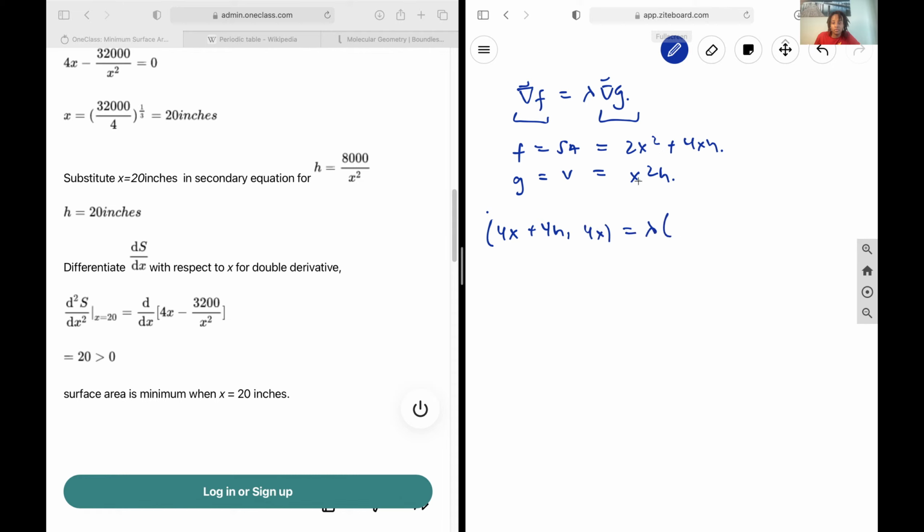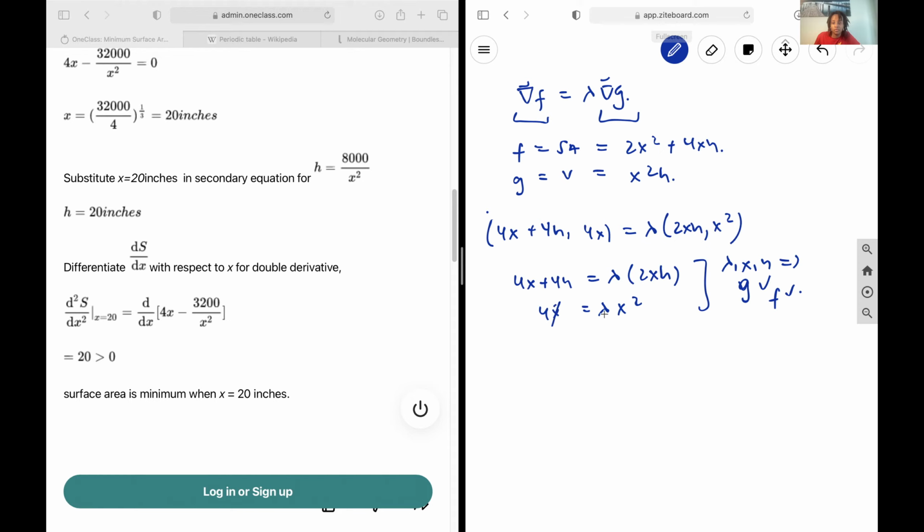And should be equal to the multiplier times the derivative with respect to x first, so 2xh, and the derivative with respect to h, so x squared. What this means is 4x plus 4h is equal to that into 2xh, and 4x is equal to that into x squared. How we're going to solve for this is we want to find the multiplier, x and h such that the volume statement, so our g remains correct and our f also holds.